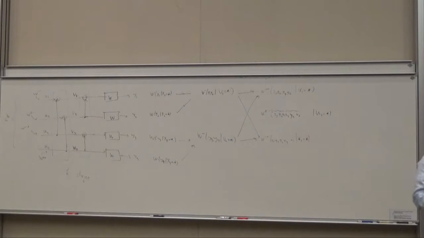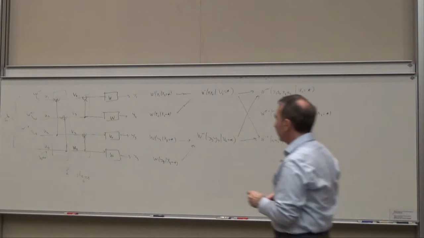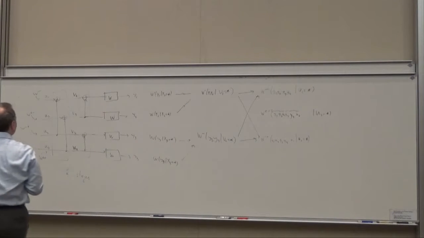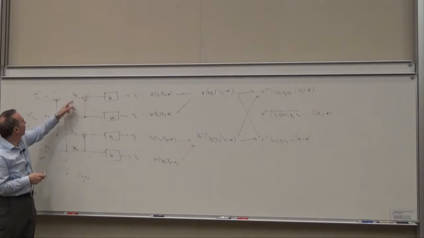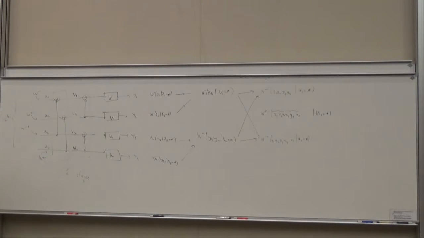These are the outputs of the two constituent W plus channels. Remember, channel W plus is supposed to have the right.